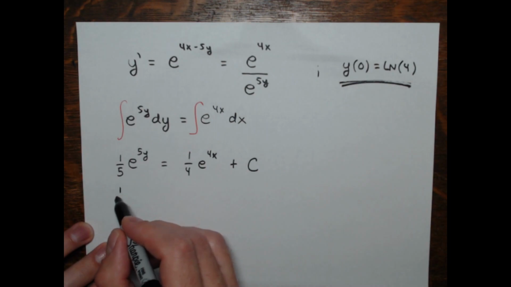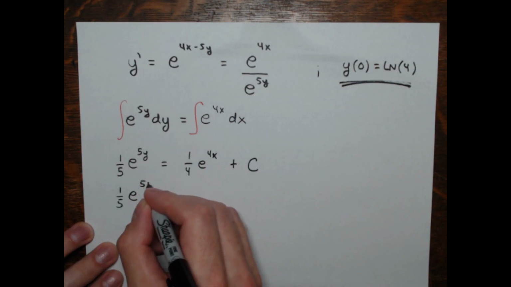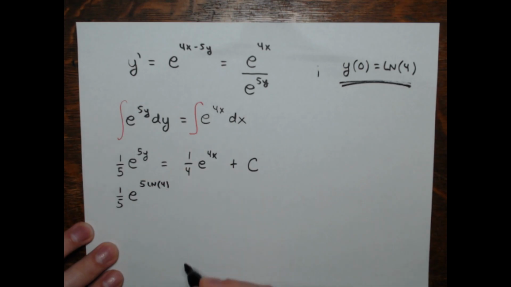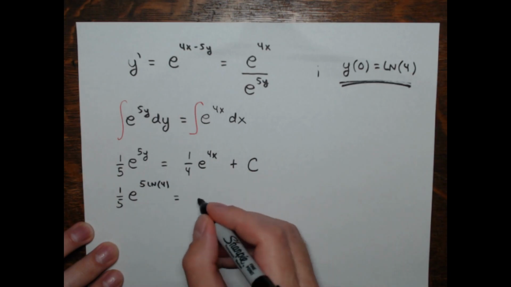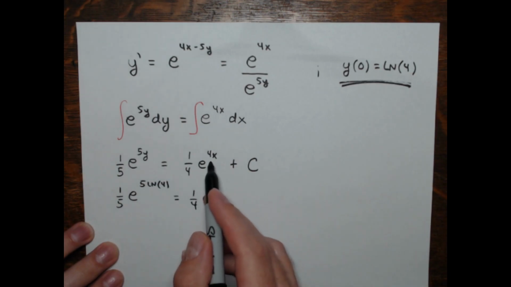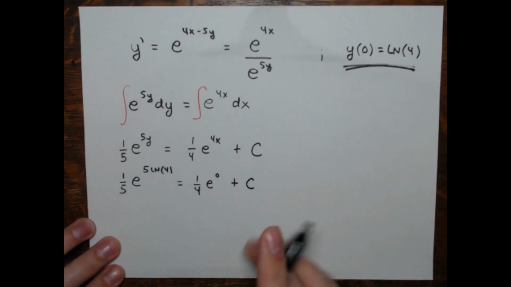So we have 1/5 times e to the 5 times the natural log of 4, since y is natural log of 4, equals 1/4 times e to the 0, since x is 0 here in the condition, plus some constant.